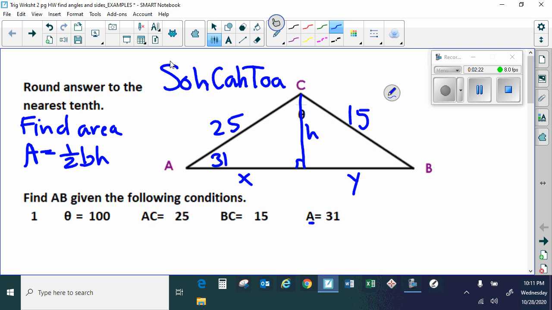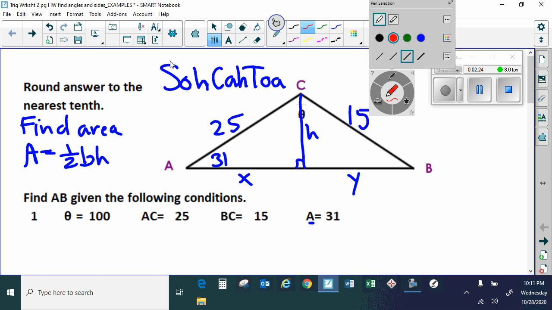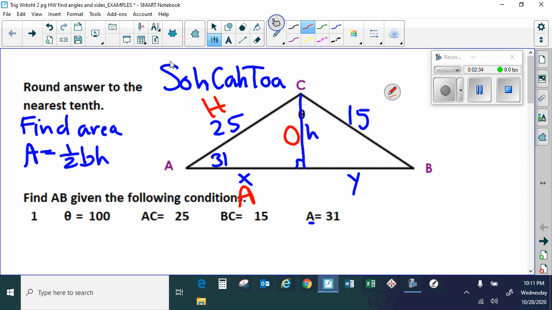Well, first off, we want to go ahead and identify our opposite, hypotenuse, and adjacent with our 31 degrees. Now notice I have a triangle here. It's a right angle, and that's 31. So we know this angle plus this angle up here are complementary. So that means this has to be 59 degrees up here.